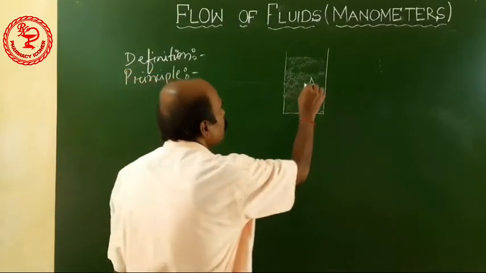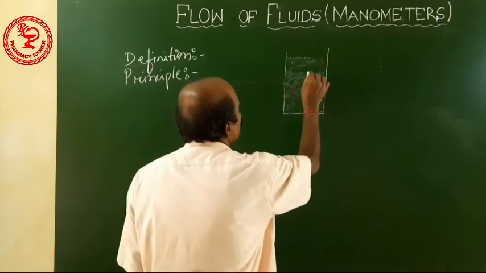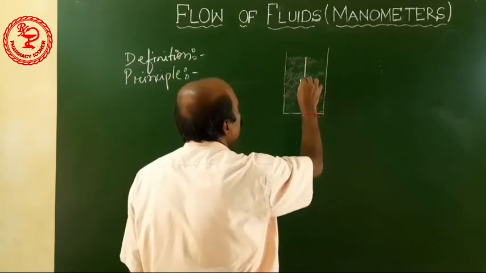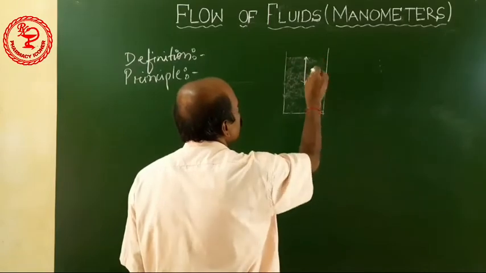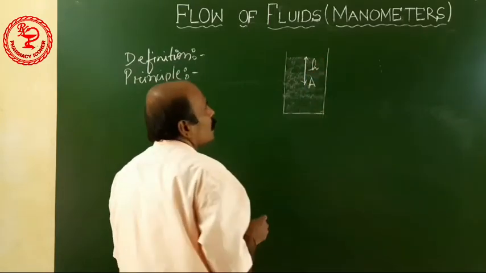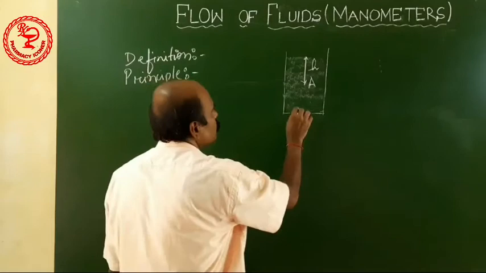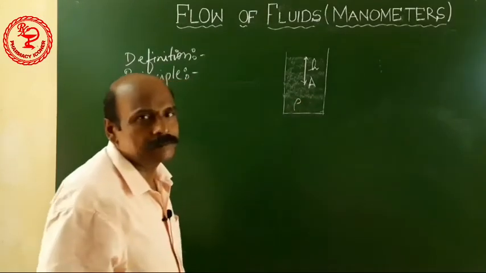What will be the pressure at point A? This is the height from the surface, H, and rho is the density of the liquid.